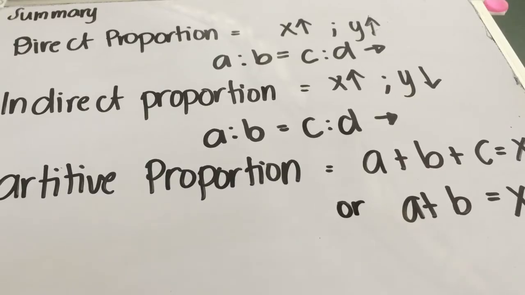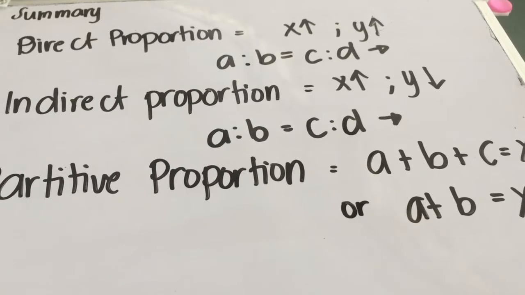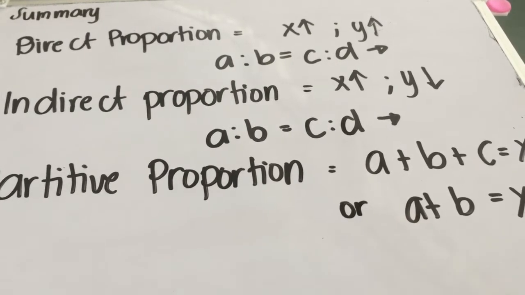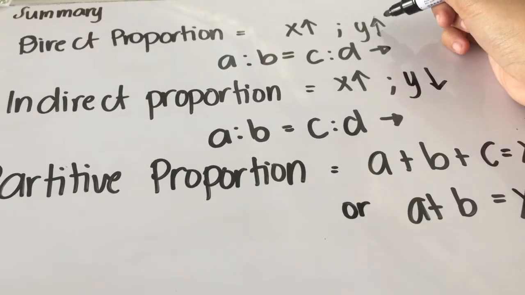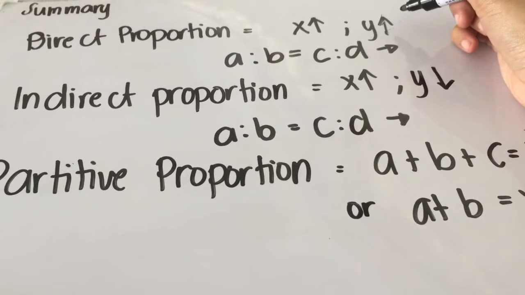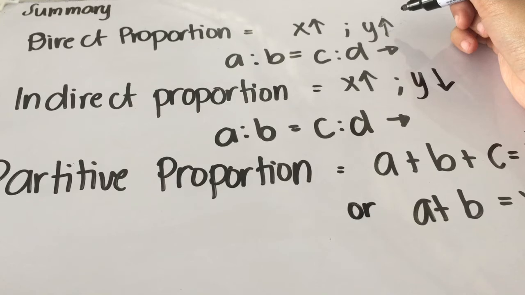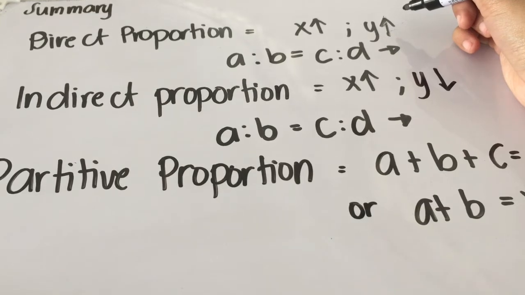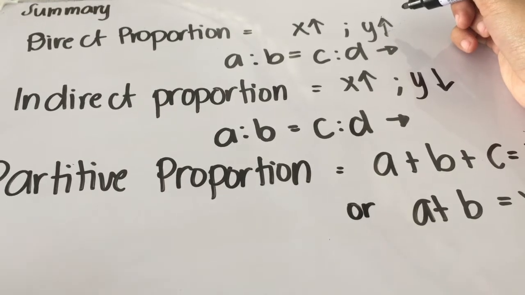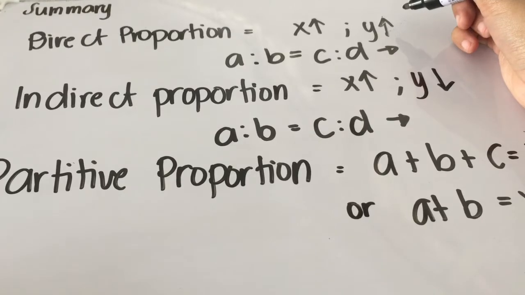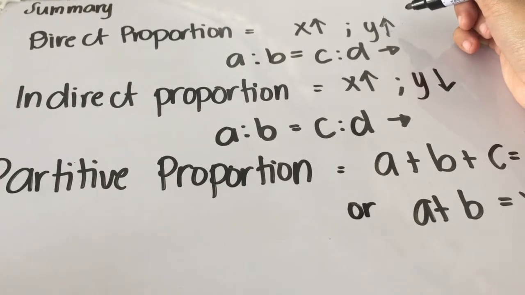So to summarize the topic, to distinguish the three types of proportion, we will have the first one, direct proportion. Sa direct proportion, if x increases, the y also increases. Sabi ko nga, di ba, yung ating example is age and height. As the age of the person increases, the height also increases.